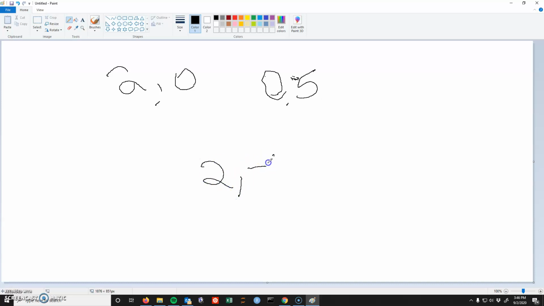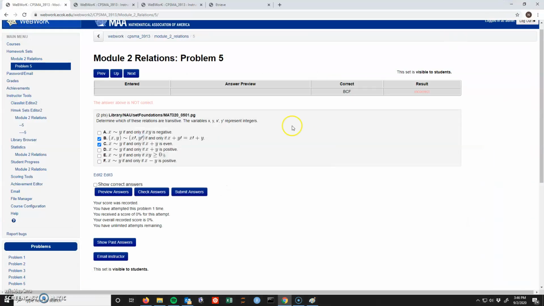So 2 and negative 5 are not in the relation, because that gives you a negative number. So the 0 here kind of messes things up. I was actually thinking this one was true, but the greater than or equal to 0 is what messes this up.